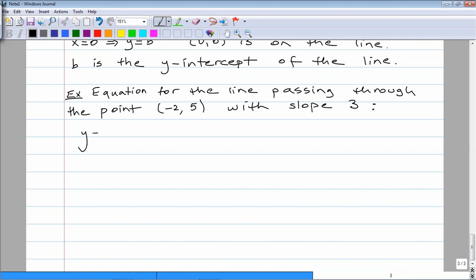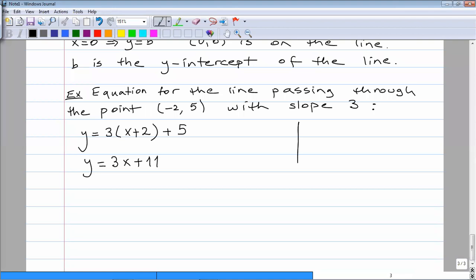So y is equal to 3 times (x minus -2), so x plus 2, plus 5. Or y equals 3x plus 6 plus 5, which is 3x plus 11.